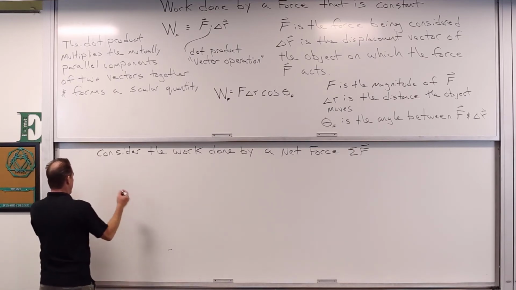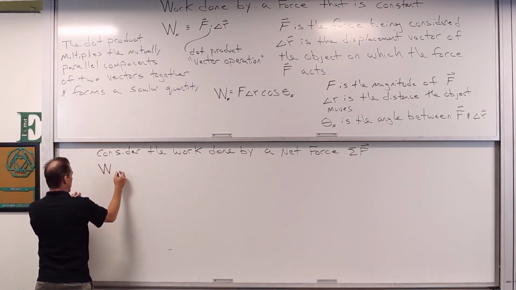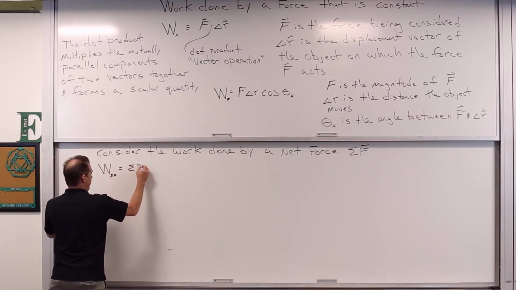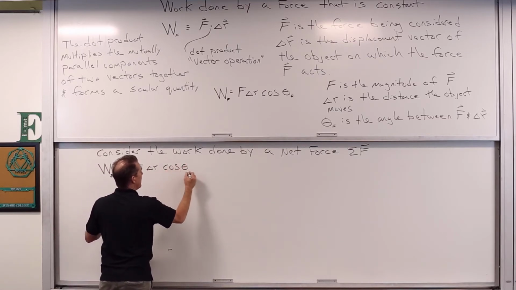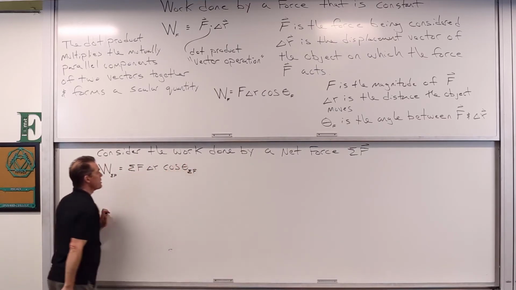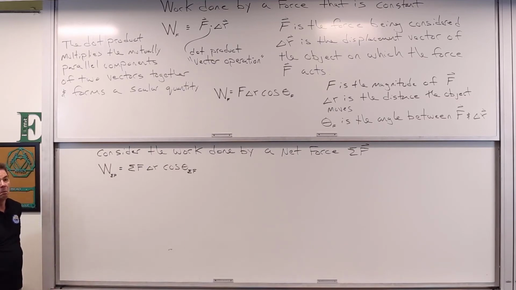What would we have there? Well, the work done by the net force is equal to the net force times the displacement multiplied by the cosine of the angle between the net force and the displacement.